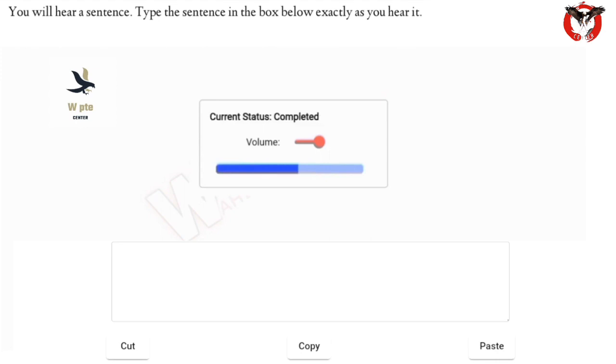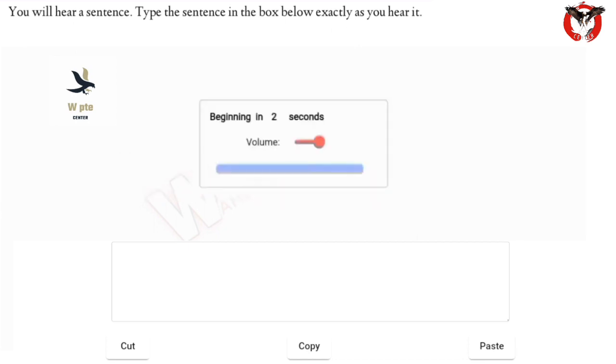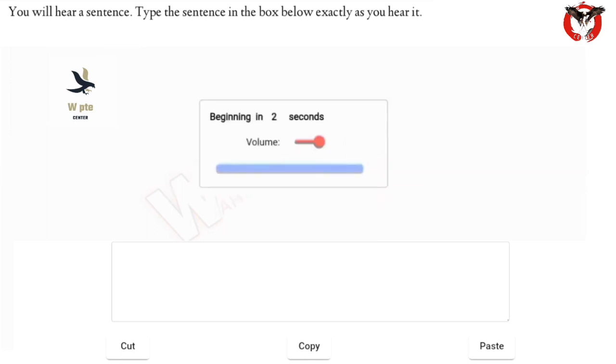Australian economy depends heavily on revenue from tourism and education. The person sitting next to me wrote his name at the top of the paper. You need to finish this chapter before going to the field trip.